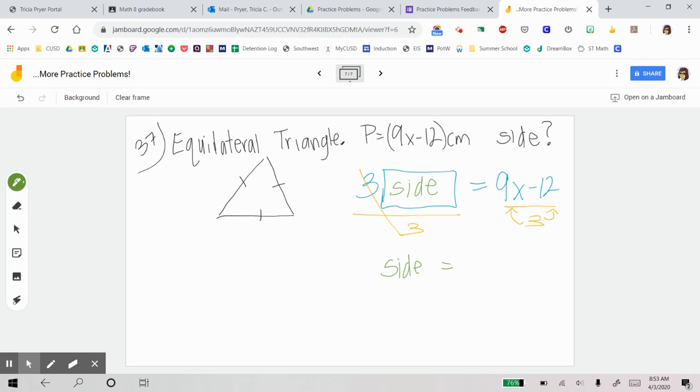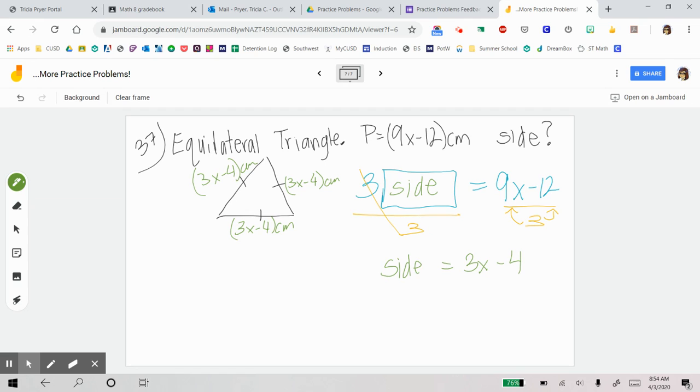Kind of weird I'm using a word instead of a variable, but same idea. And then 9 divided by 3 is 3x. 12 divided by 3 is 4. So every side is 3x minus 4 centimeters. 3x minus 4 centimeters and 3x minus 4 centimeters.